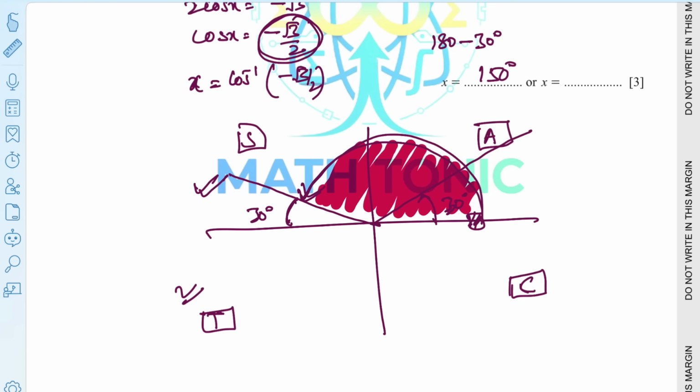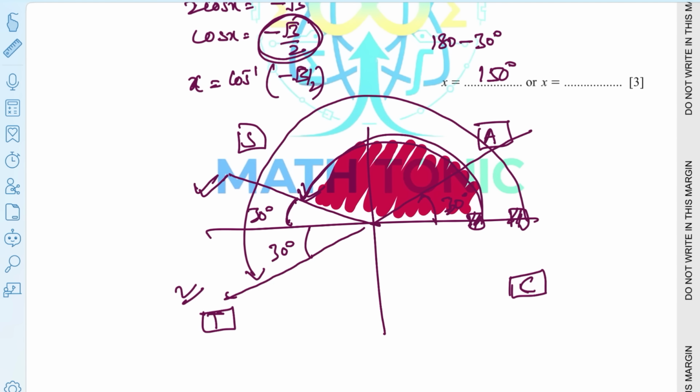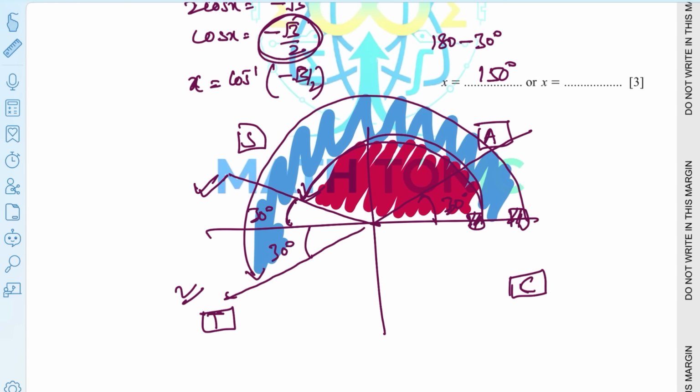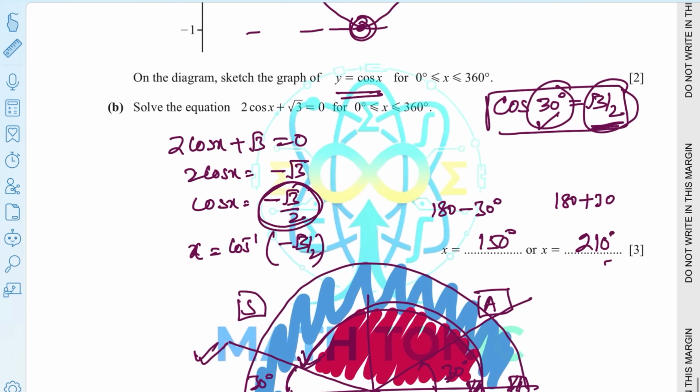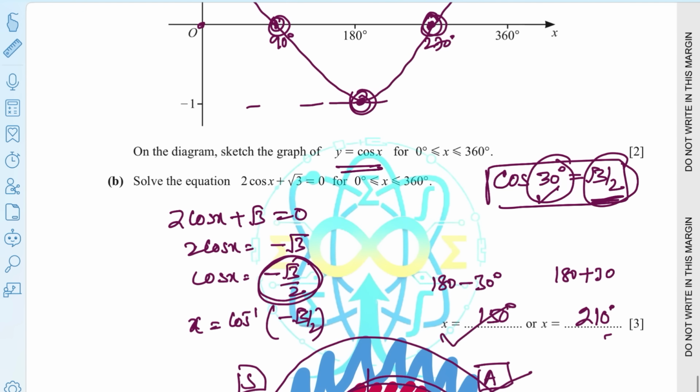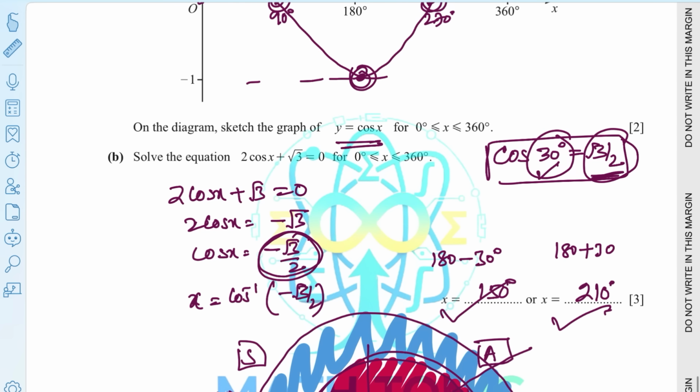Third means here, right? This is also 30, and this angle also will be negative. If I find this angle, it will be 180 plus 30, which equals 210 degrees. So this is the answer for this question: 150 and 210 degrees.